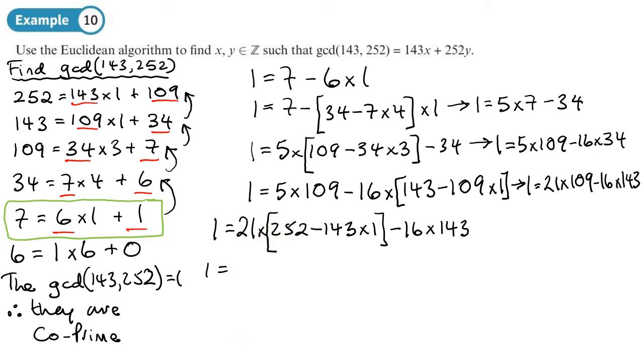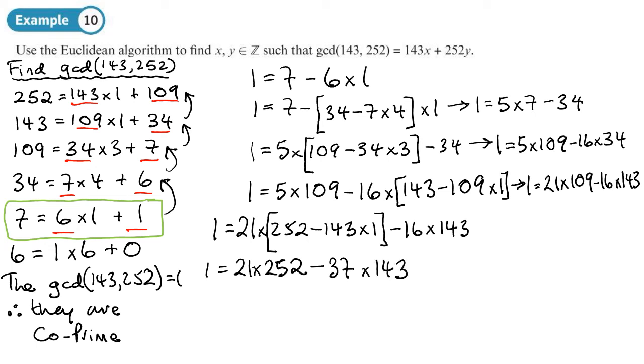So I've got 21 lots of 252. So that's dealt with. Now I have negative 21 lots of 143 minus 16 lots. So that will give me negative 37 lots of 143.